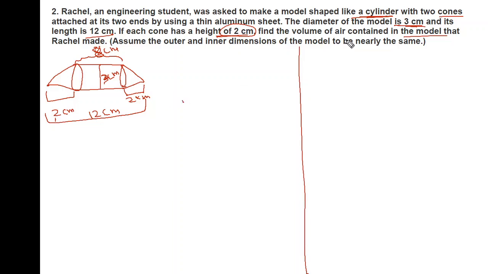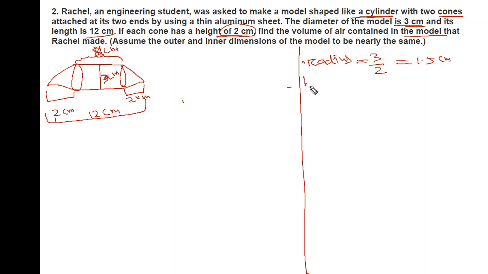So first we will find the radius. Here both the radii are the same, so radius will be equal to 3 by 2, which will be equal to 1.5, or you can write 3 by 2.